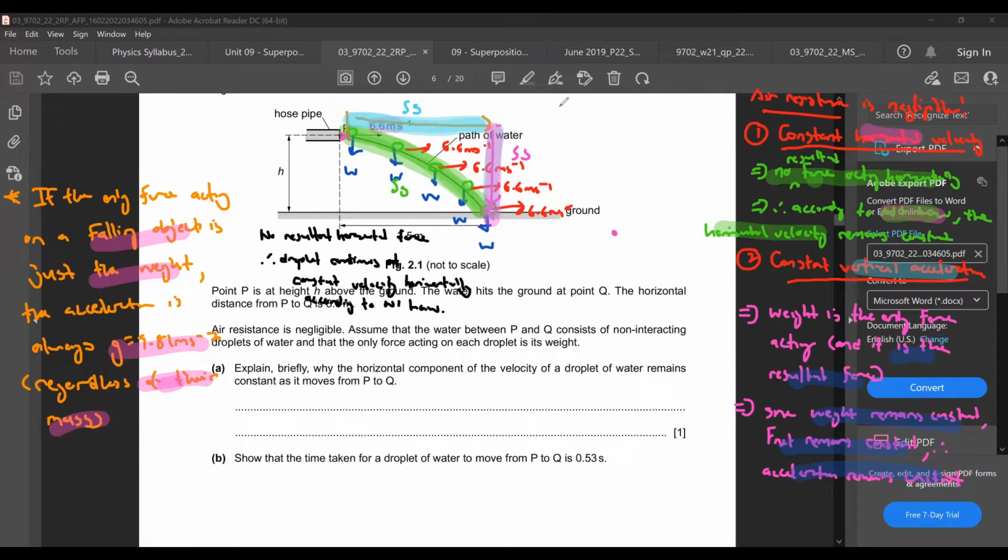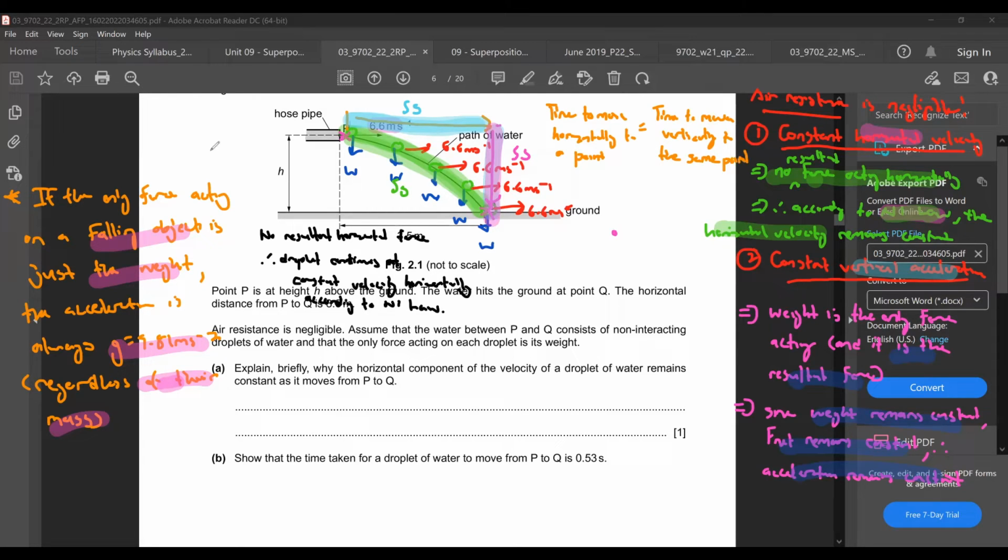Just always remember this: time to move horizontally to a point is equal to time to move vertically to the same point.